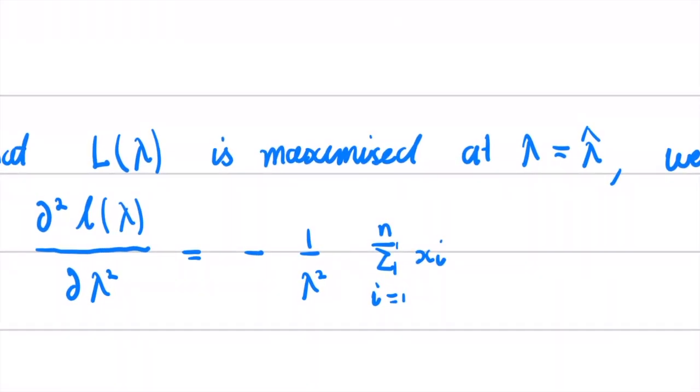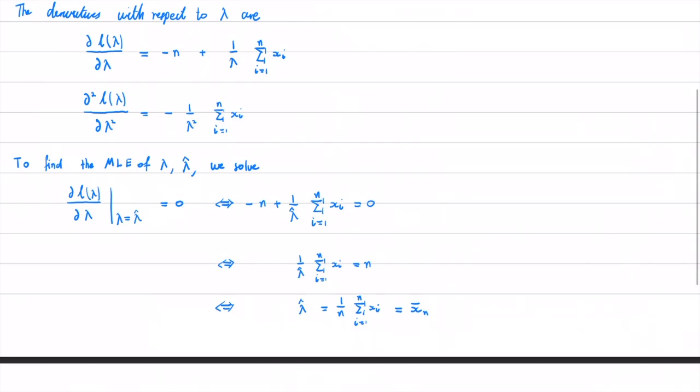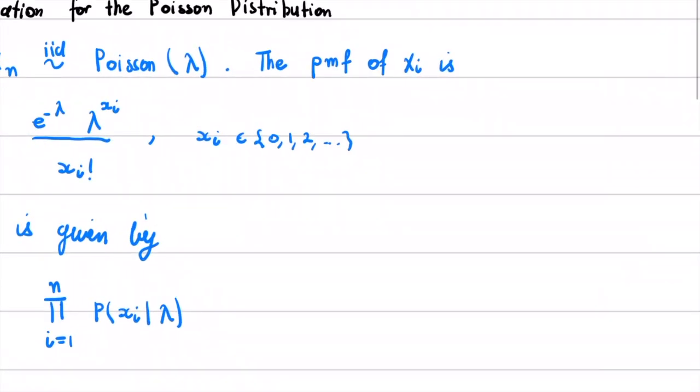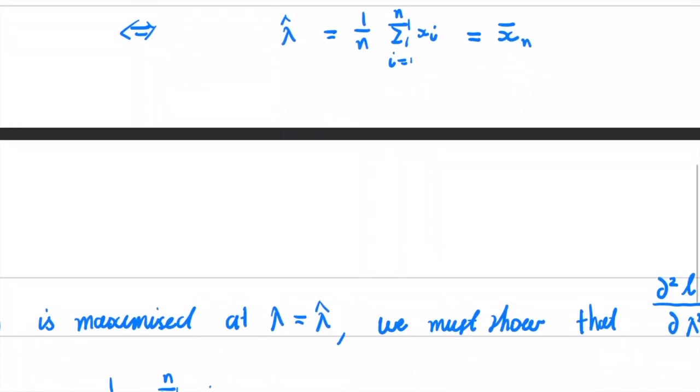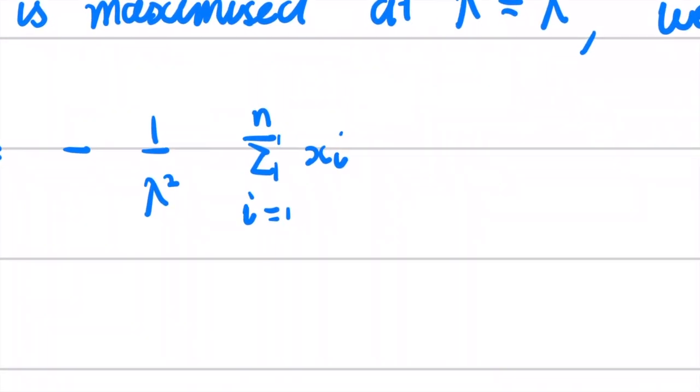Remember, xi can only take values 0, 1, 2, and so on and so forth. So the sum of the xi's, the observed possible values, the sum of these has to at least be greater than 0. Technically, it could be greater than or equal to 0, but that wouldn't be a very interesting sample. So I'm going to assume at least one of them is greater than 0.